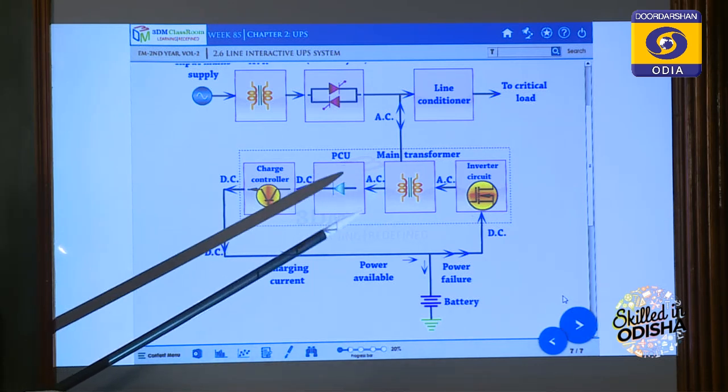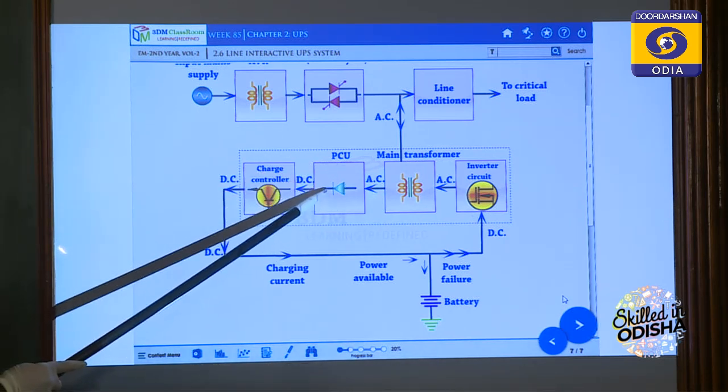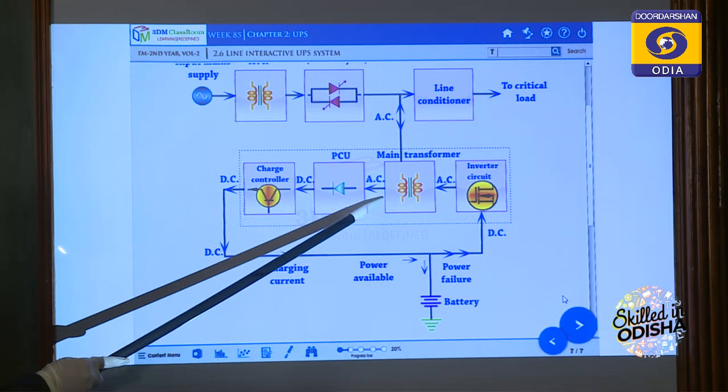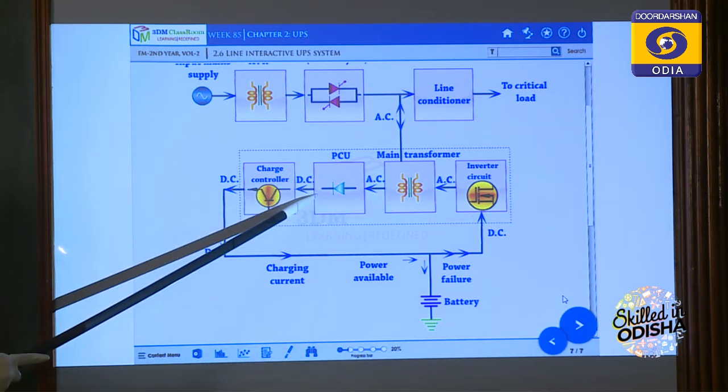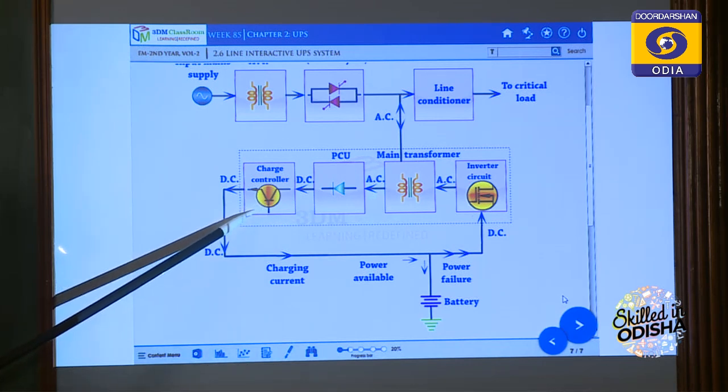Generally a power control unit is a rectifier circuit which converts our AC into DC, and the output of the power control unit is given as input to a charge controller.